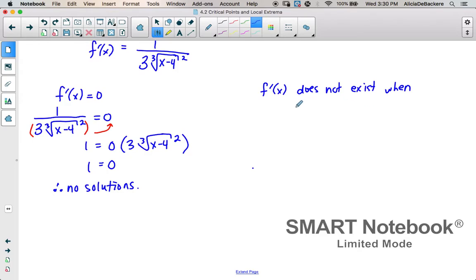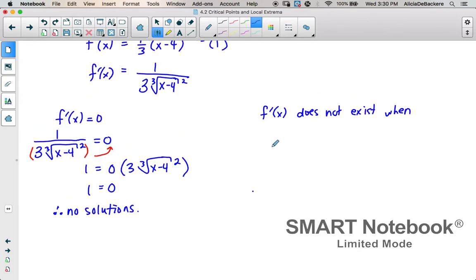All right, so now we need to talk about, well, when does this thing not exist? So again, I don't have an even root, so I don't have to worry about square rooting a negative or anything like that. I just have to think about when is the denominator equal to 0. So again, I'm going to bring the 3 over and divide it to the other side.